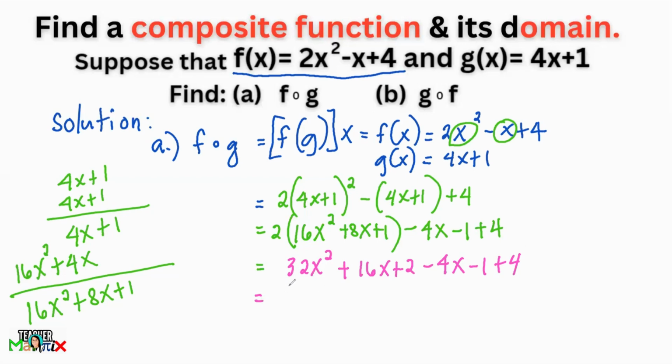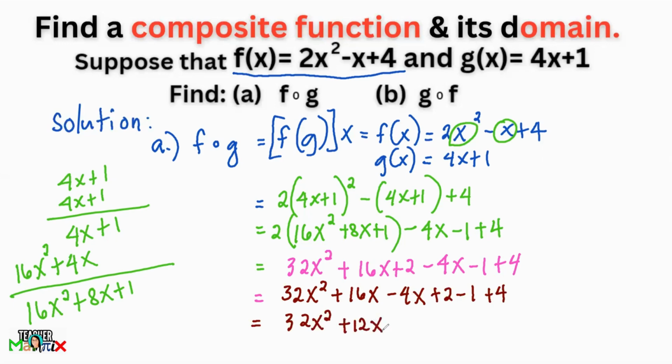So, it's just like this. Since nothing matches this 32x squared, just simply copy. Then, combine this plus 16x, then this negative 4x. Then, these constants, positive 2 minus 1 plus 4. Then, simplify. Copy 32x squared. This, plus 12x.